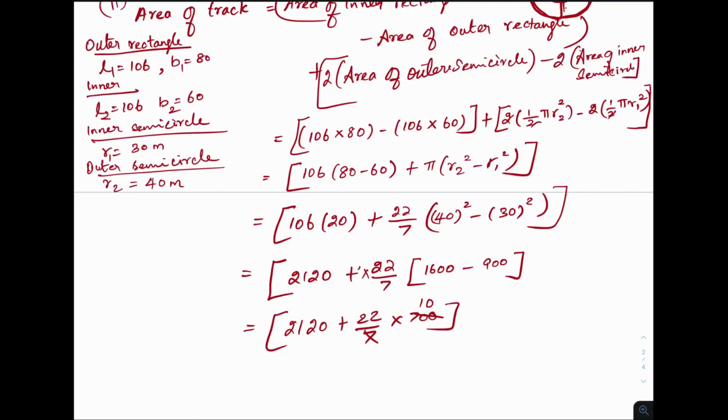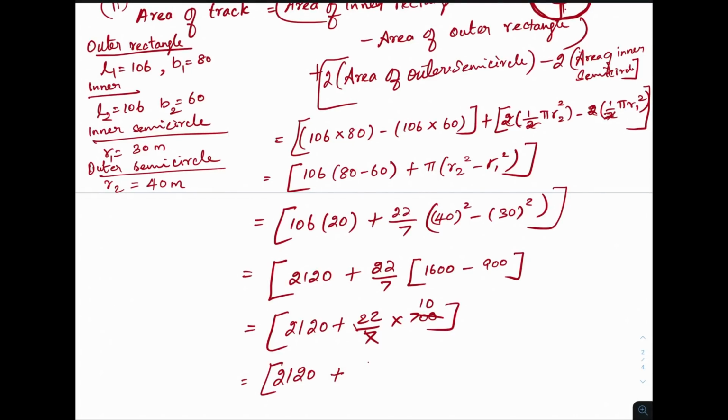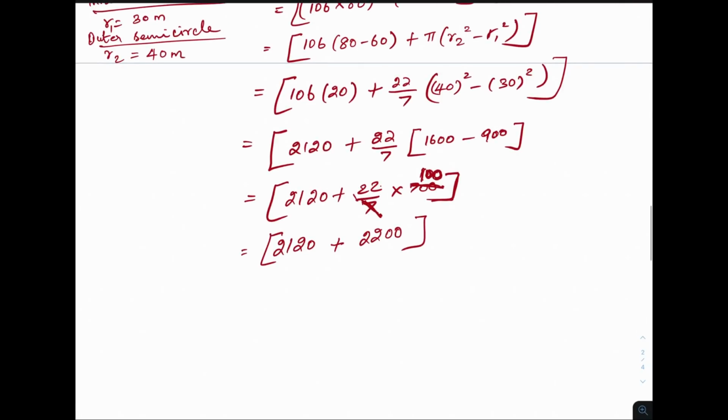In 7 tables, 700 is 100 times. So 22 into 100 gives 2200.